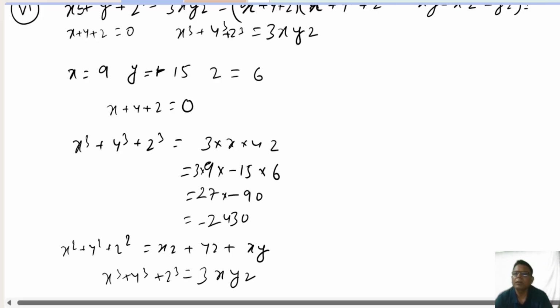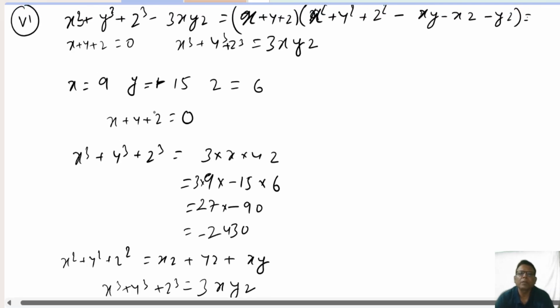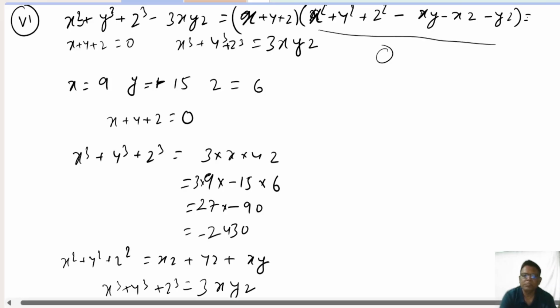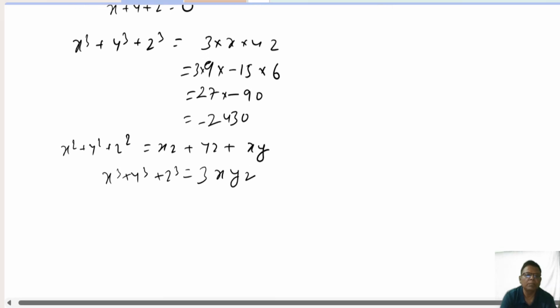Why this formula? If this factor is equal to 0, then 3xyz will come to this side, and x cube plus y cube plus z cube is equal to 3xyz. So this is very useful, and it is used in many places.